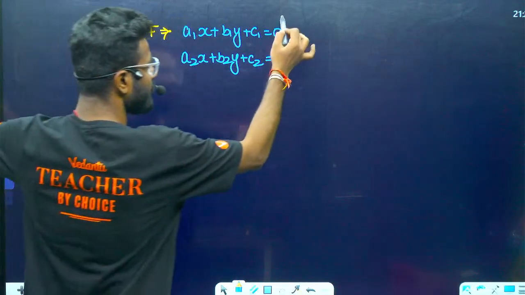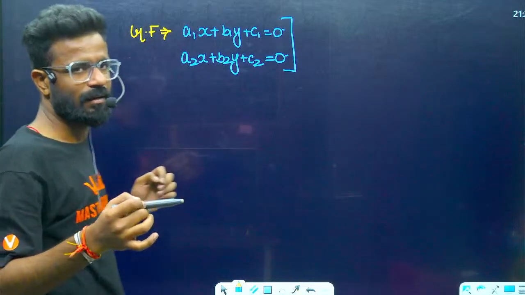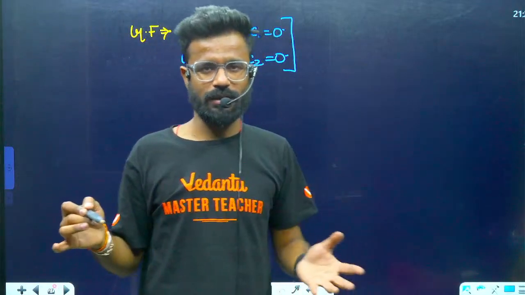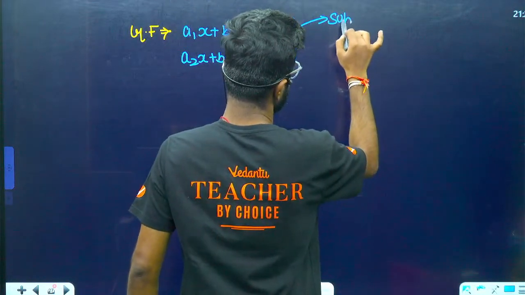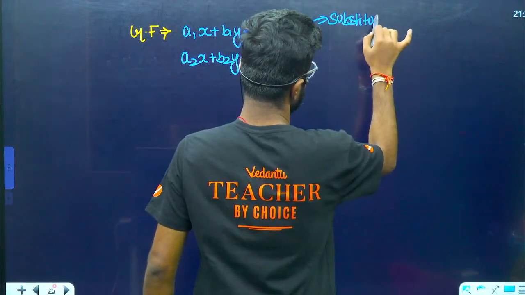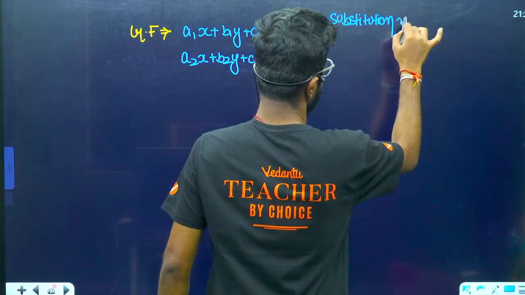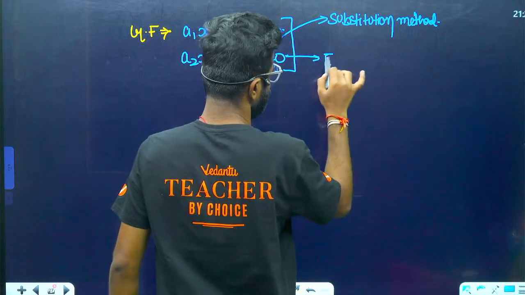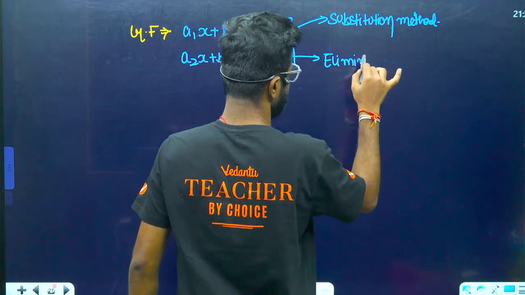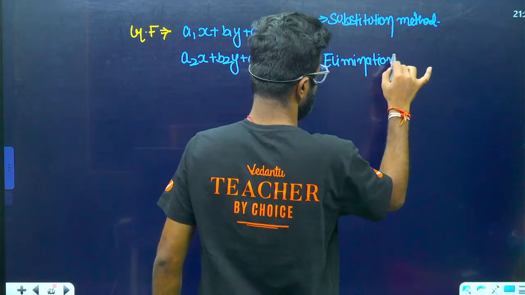Now the question is that you have to solve these two equations by using two methods. One is the substitution method, and the other one is the elimination method.